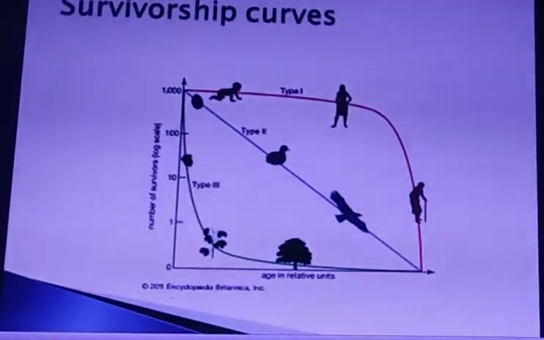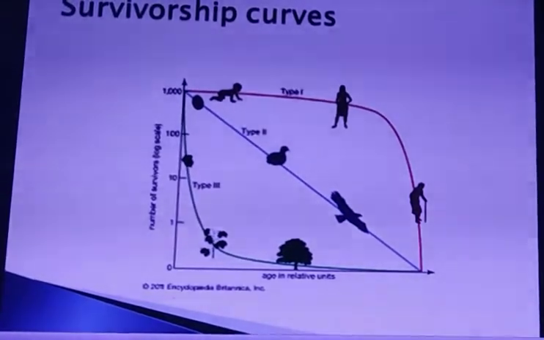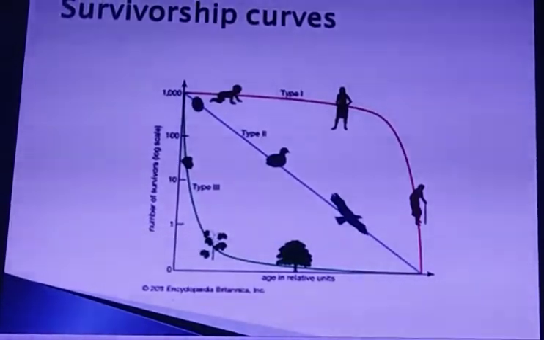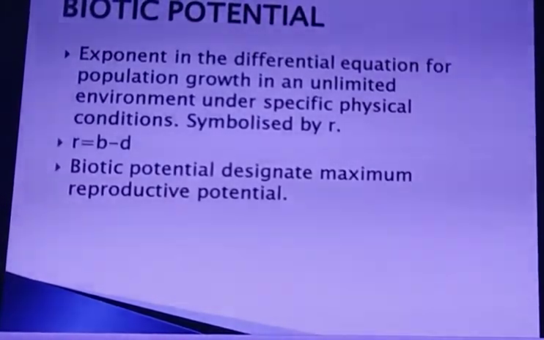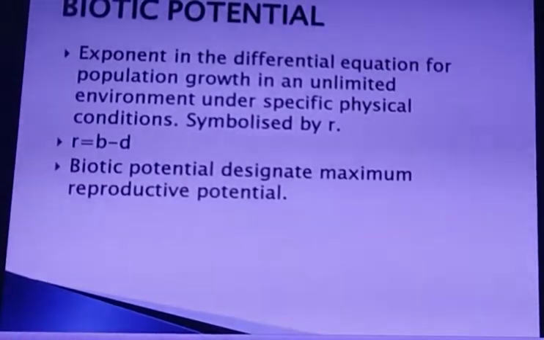We have discussed survivorship curves, and we are studying the population characteristics. Now, after survivorship curves, the term that comes up is biotic potential.